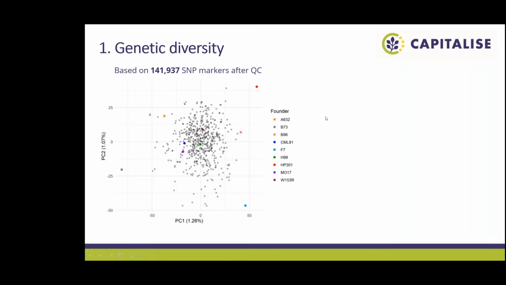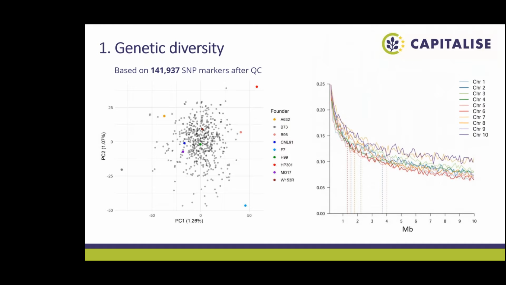And another very interesting genetic feature of this population is that along the 10 chromosomes, population-wise, we observe that linkage decays quite fast, from, let's say, around 1.2 megabases to 4 megabases.